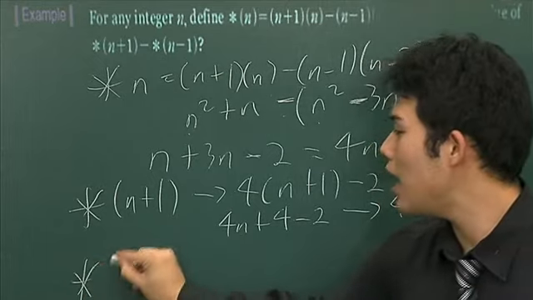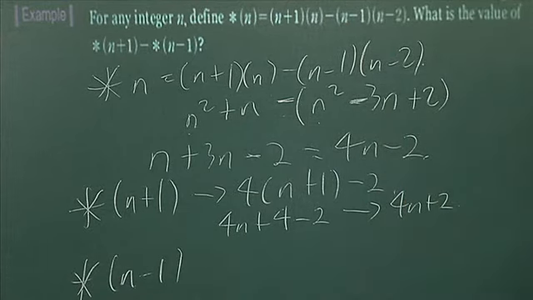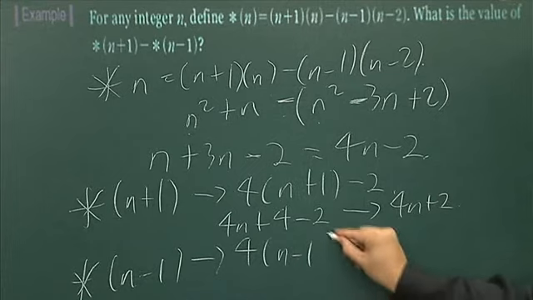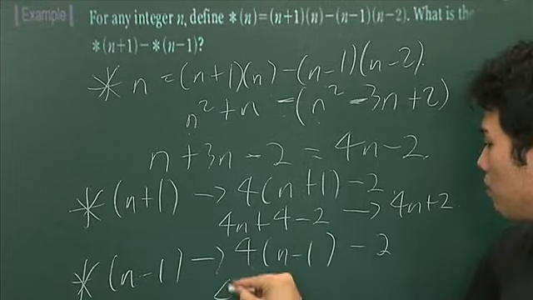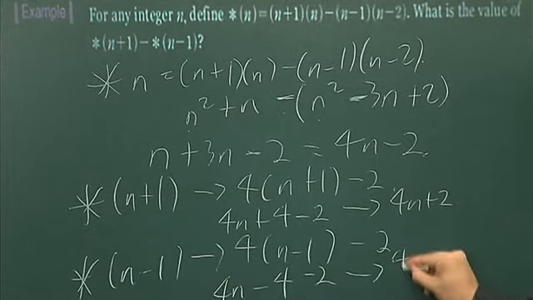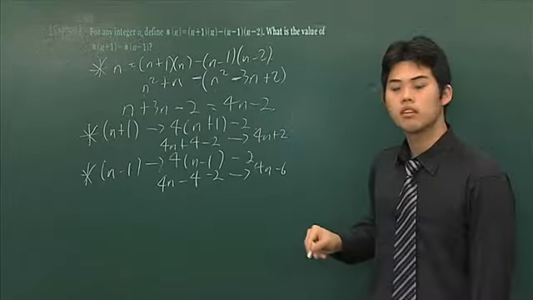Now let's take the n minus 1 because we need that as well. So plug that in, n minus 1 minus 2. Okay, that becomes 4n minus 4 minus 2, which gives you 4n minus 6.